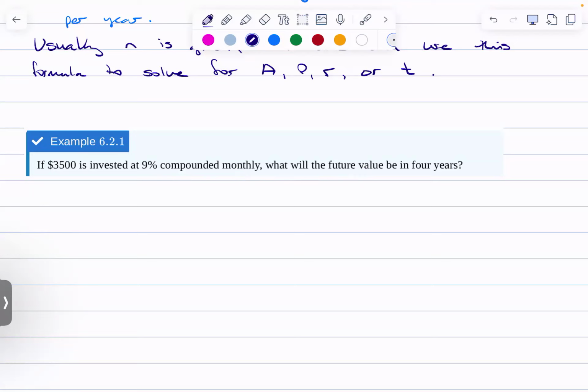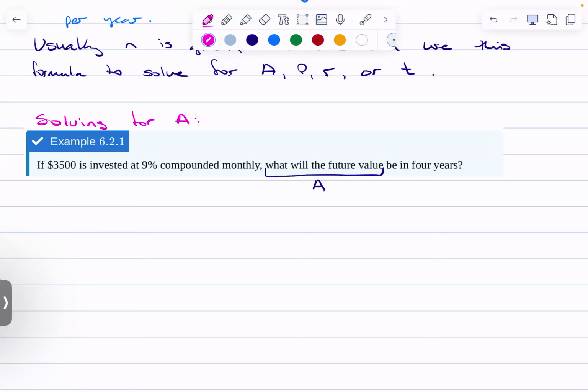In this case, I want to solve for A. What will the future value be, which is A, in 4 years? This example is an example of solving for A.